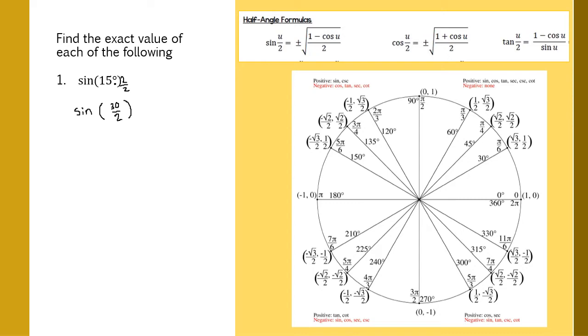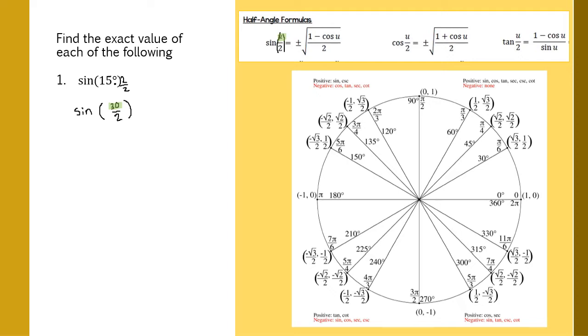But now this matches the form of this first half angle formula, sine of u over 2, where u in this instance is the number 30. So 30 over 2 is my u over 2.